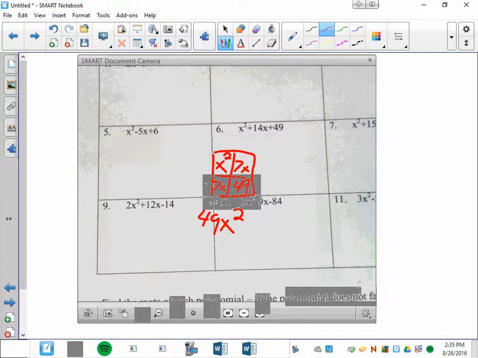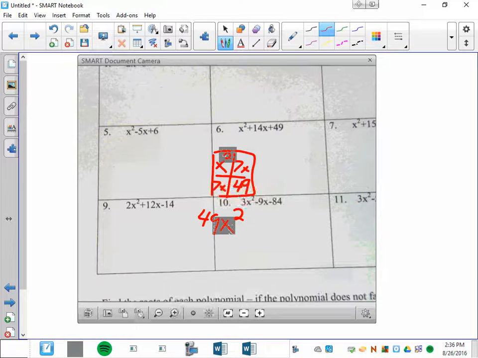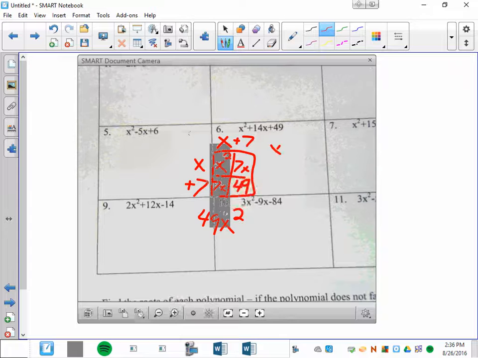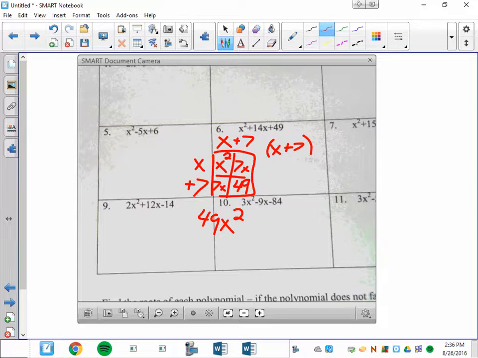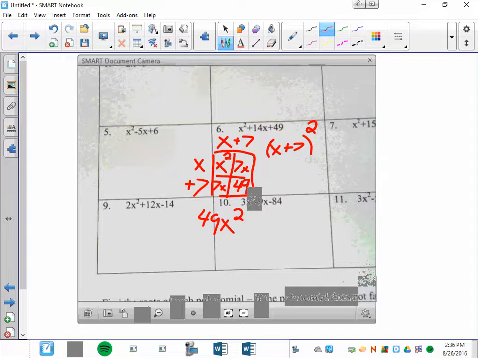Not in this case, but in a little bit you're going to need to, or it won't work. So this is x, and that will be plus 7 and plus 7. So either x plus 7 listed twice, or you can write it as a square. And it doesn't matter. It's the same answer either way. I'm just lazy.